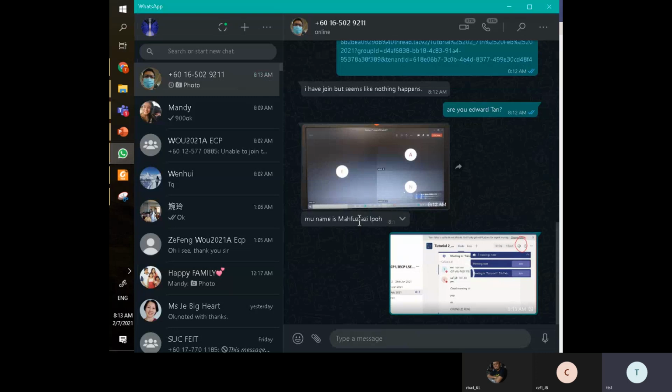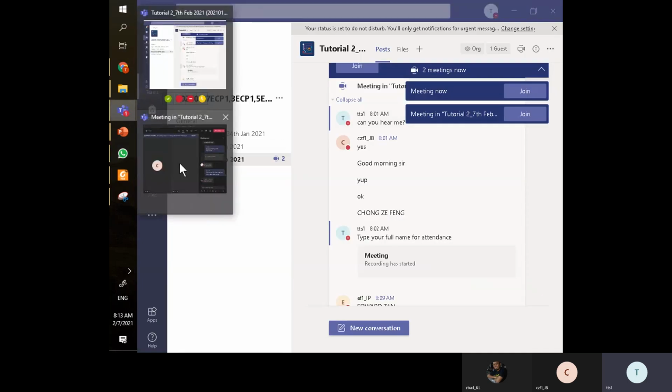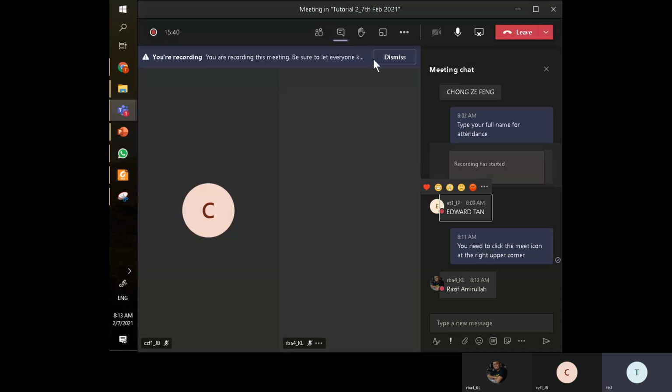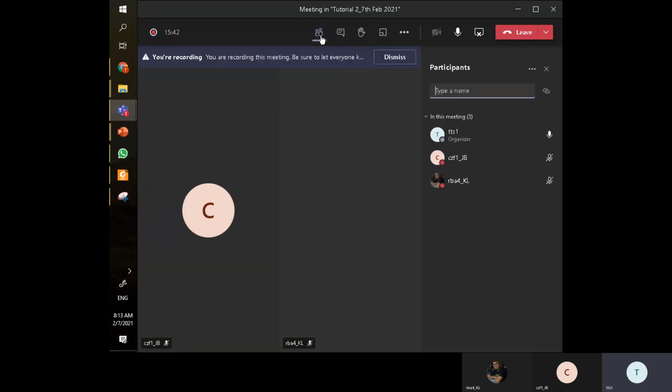Oh, it's Mahav of Raji from Ipoh. I think he's in also, right? He's in also. Let me see. But how come I can see only 2 students here? Oh, got 2 students. Strange.